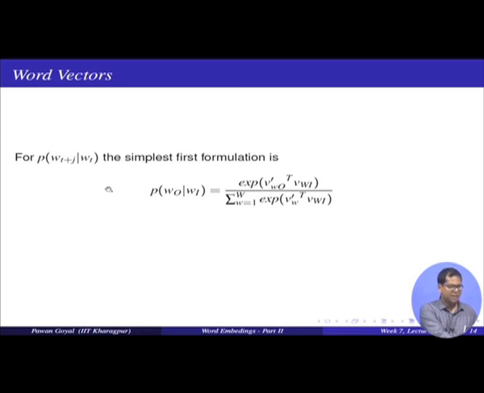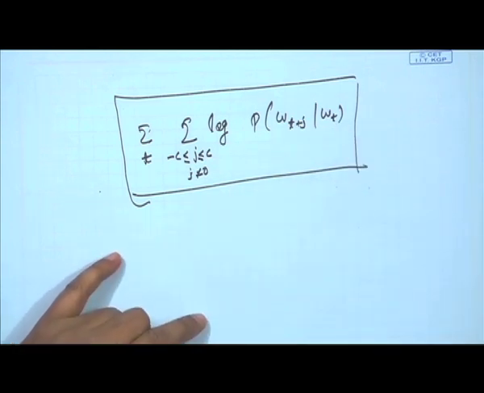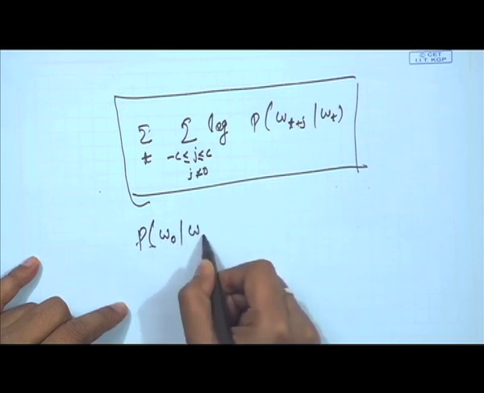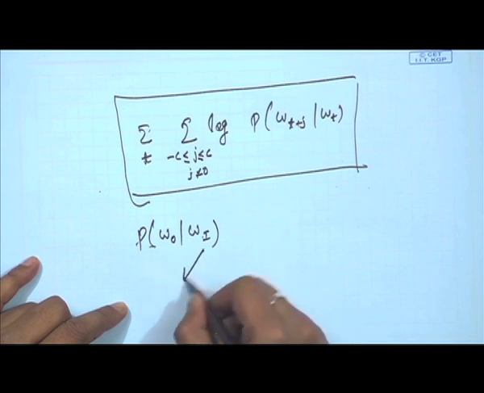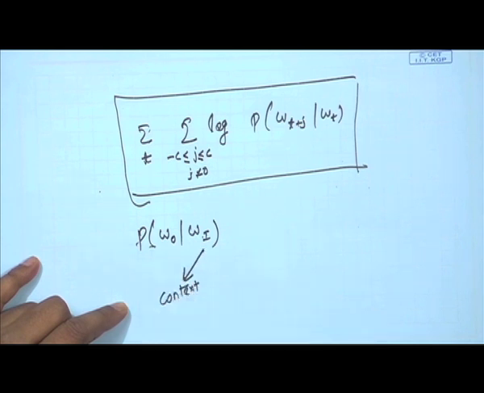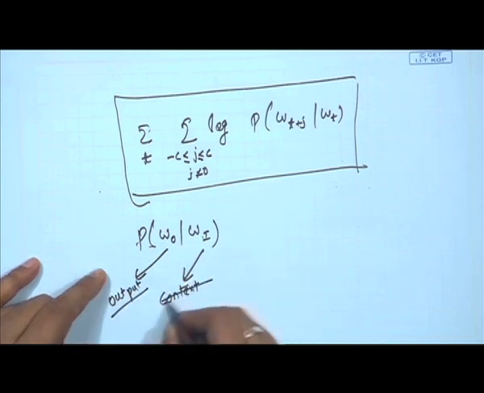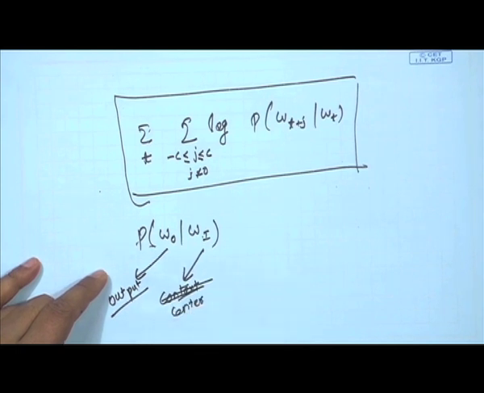So firstly, let us see how we will compute these probabilities, probability of W t plus j given W t. You have already seen that in the case of using the network, but using some mathematics we can show that. So the idea is that, let us say I am having a probability P of W O given W I. So W I is my center word, and W O is the output word.